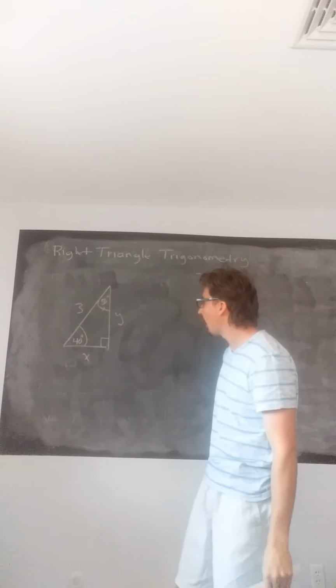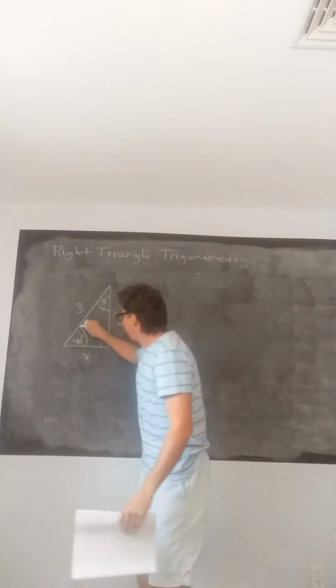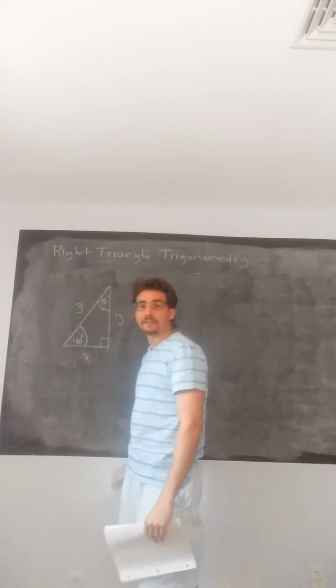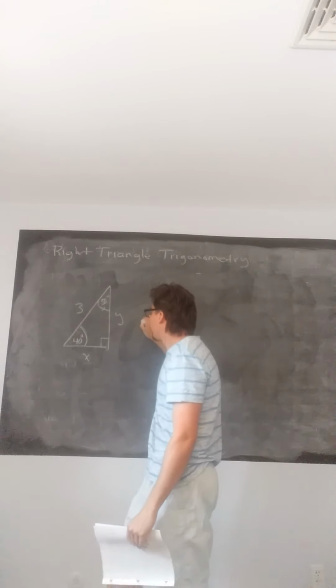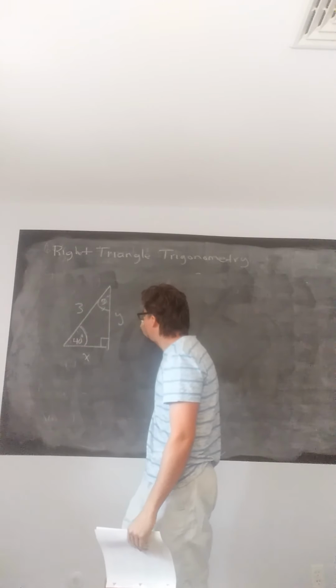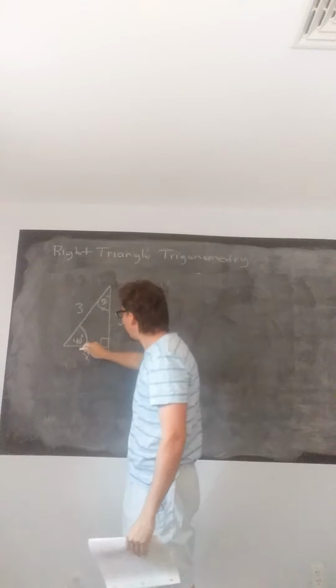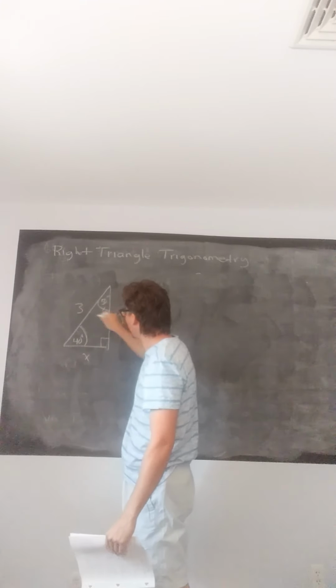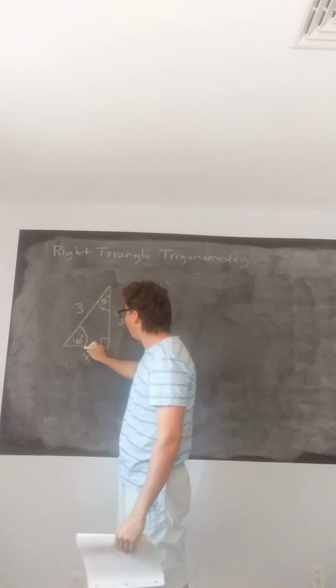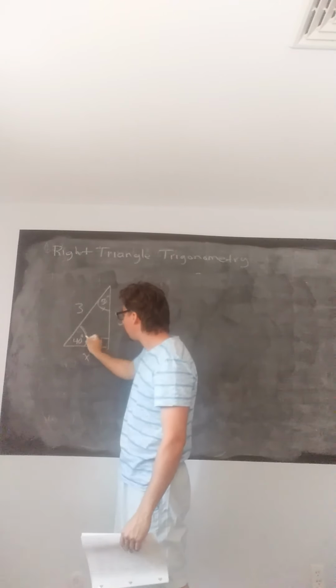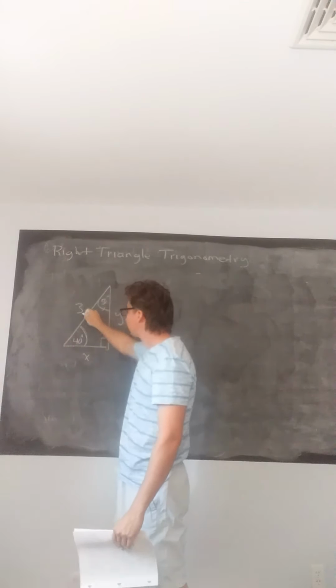So you have a couple options here. You can start here at the 40 degrees and ask, okay, which of these trig ratios is going to help me out? For example, sine is the opposite over the hypotenuse, so we could possibly use that definition. Or about cosine. We could do cosine of 40 is x over 3.